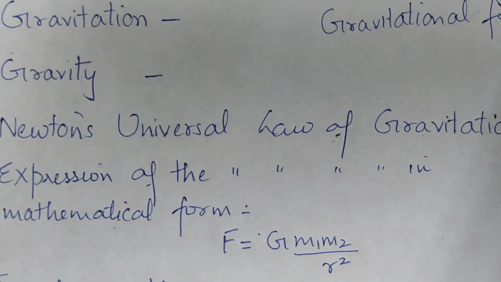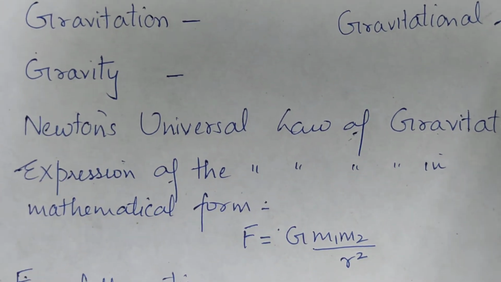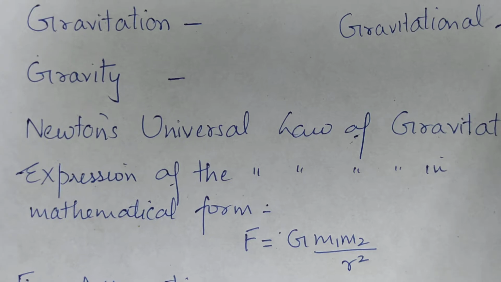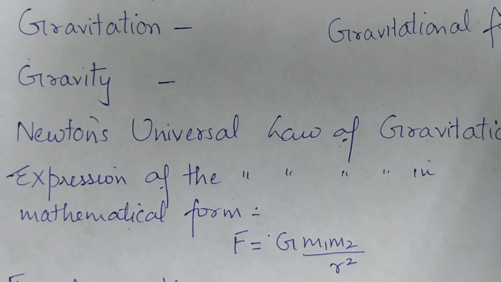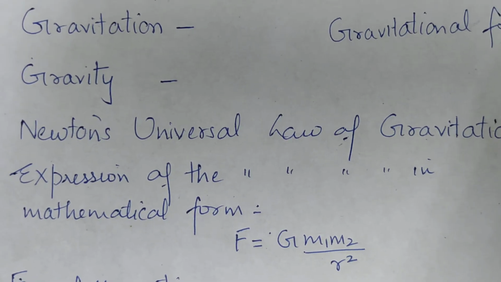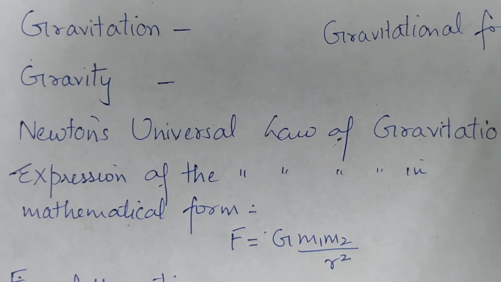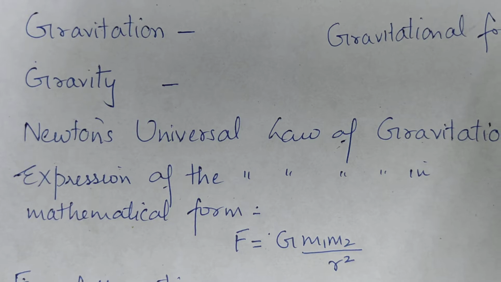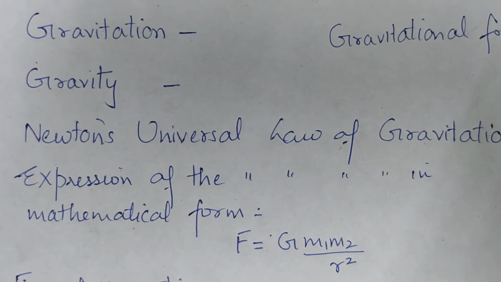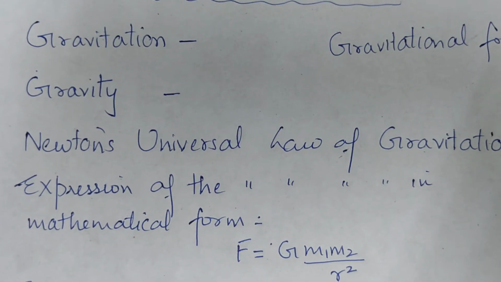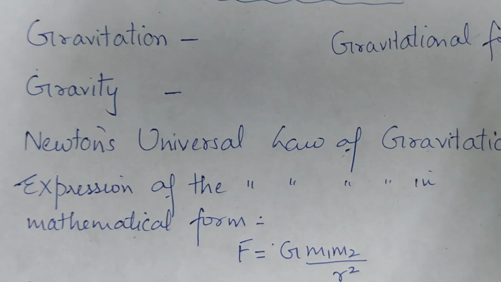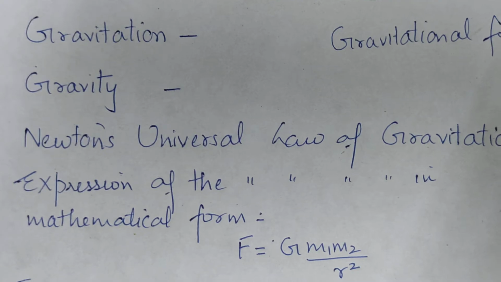Now, the final expression I am discussing here is F = G m1 m2 over r square, where F is the gravitational force of attraction between two bodies having masses m1 and m2 respectively, and r is the distance between them, or r is the distance between the centers of two bodies. Here capital G is a constant of proportionality called the universal gravitational constant.